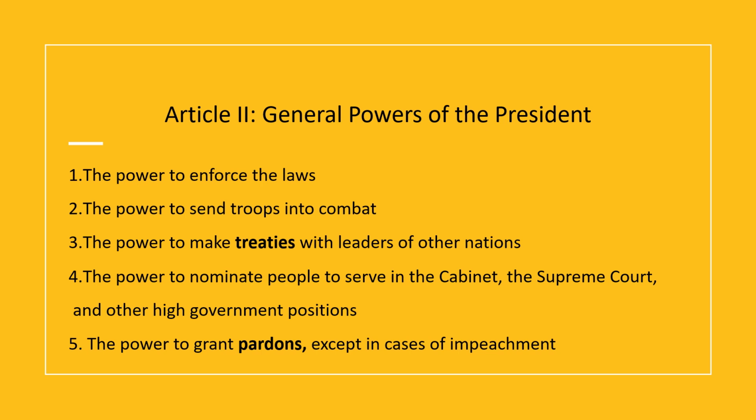The president cannot pardon people if they have been convicted of state or local crimes. One limitation on the pardoning power is if somebody has been impeached, they are not eligible for a pardon.